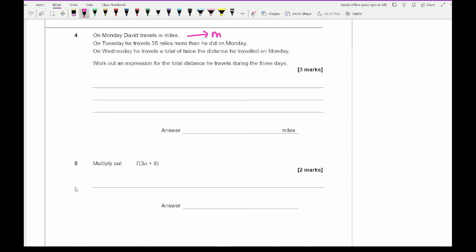Tuesday, it is 35 more, so that's m plus 35. On Wednesday he does twice as much as on Monday, so that's going to be 2m. Then adding all those expressions together, again if you want to write brackets, that's entirely up to you. Then collecting the m's together, we get 4m, and we've got plus 35.